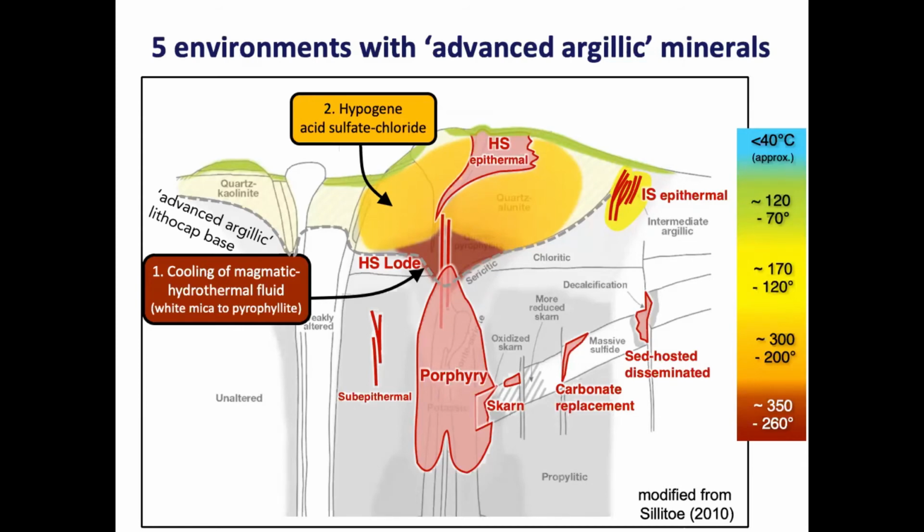So it points out that we have to be careful. We cannot use a recipe and say these 10 elements are going to be anomalous when exploring for high sulfidation, because sometimes they're not all anomalous.